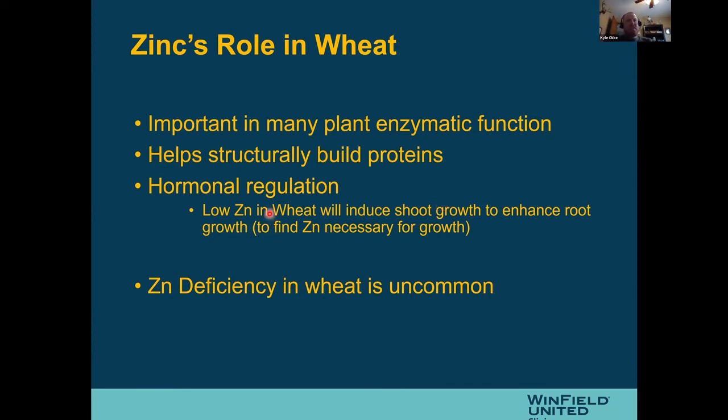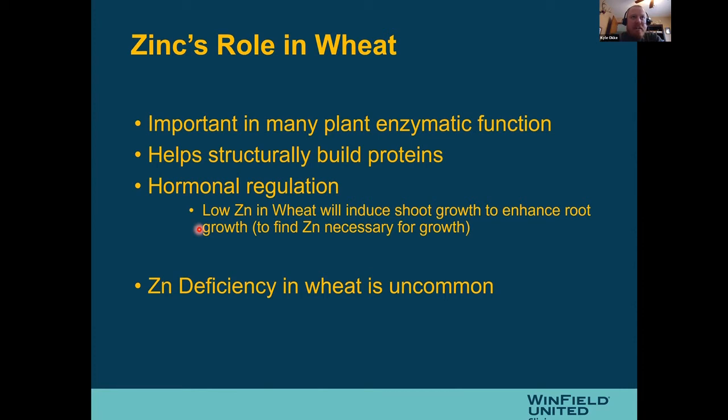You're losing shoot growth to the benefit of root growth to try to find more zinc. And the one I never listed in here, like I've been saying, is phosphate. So when we put on high phosphate levels, this is inhibiting some of our zinc too. So we're starting to cause some issues with tiller development too.